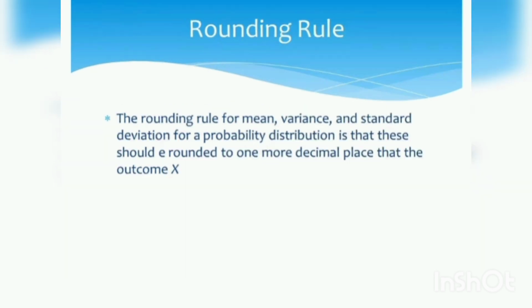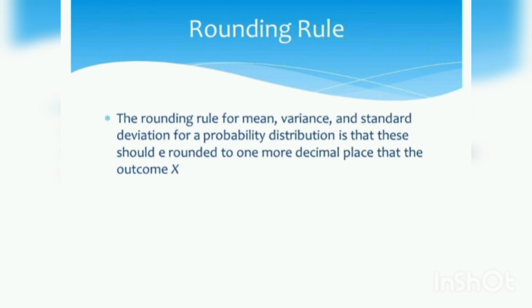The rounding rule is one of the application rules for the mean, variance and standard deviation of a probability distribution: these should be rounded to one more decimal place than the outcome x.